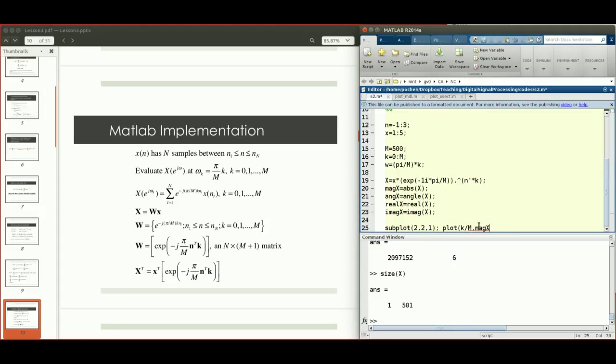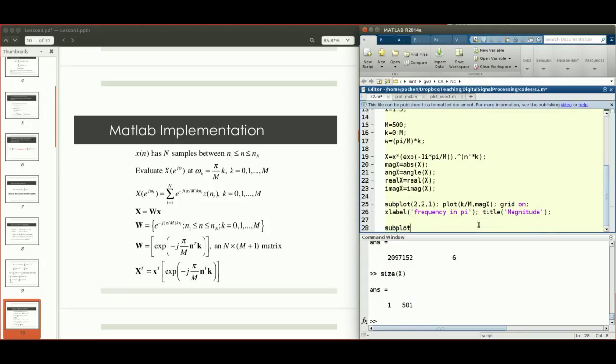And then magx, let me put a grid, and some labels on it. The xlabel is frequency in pi. Maybe not a ylabel; let's just use the title, Magnitude.